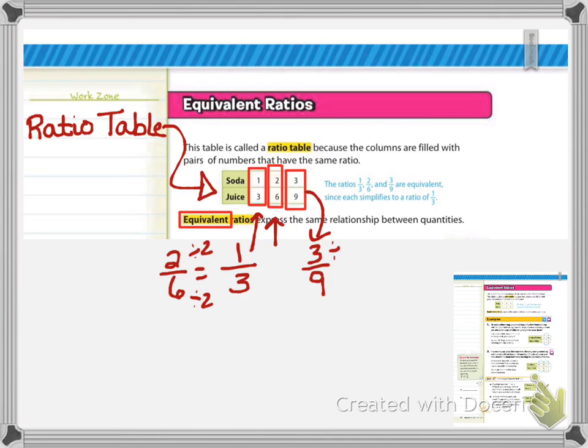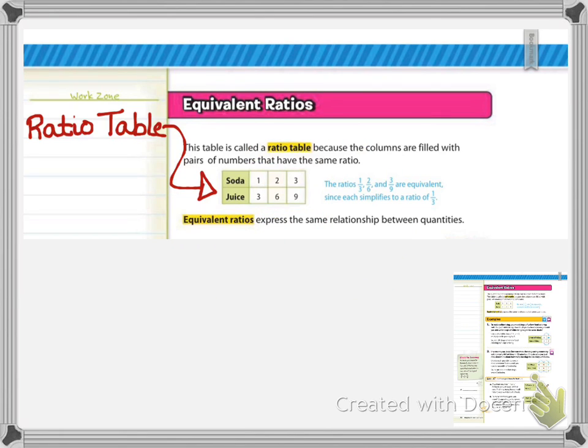If I were to simplify this, the largest factor that they have in common would be 3. When I simplify this, I end up getting 1/3, which you'll notice is the same thing as what we started out with at the beginning. So since all three of those ratios are equivalent, meaning equal, then they express or show the same relationship between the quantities.